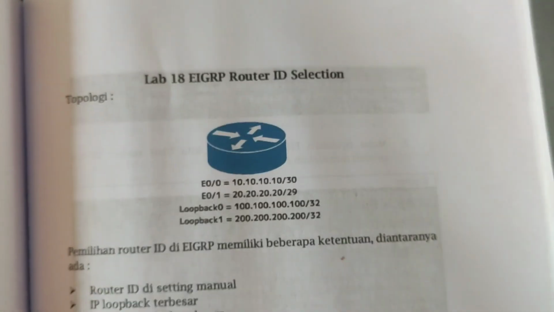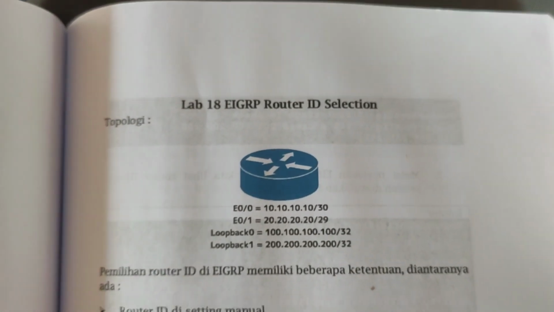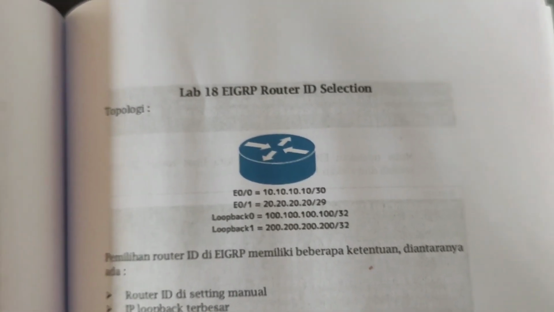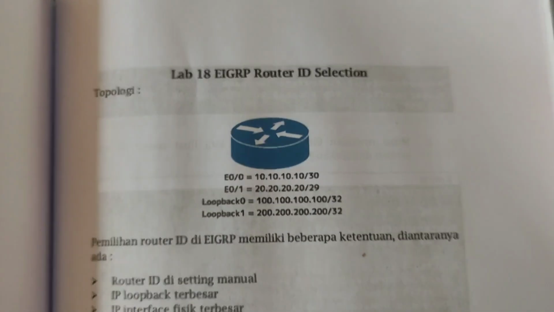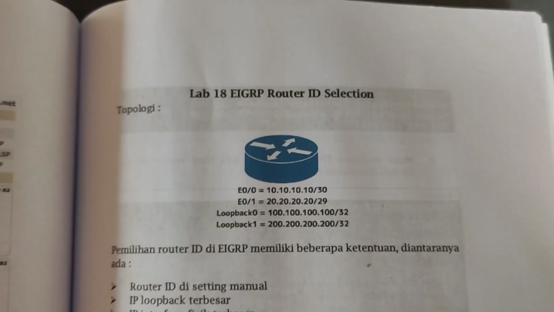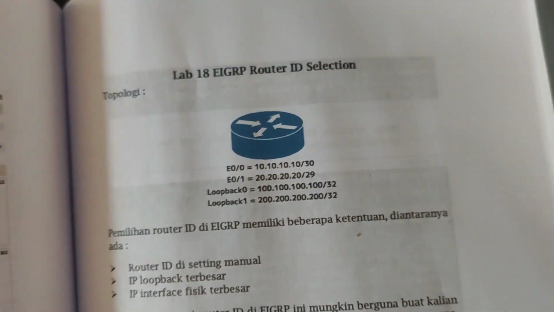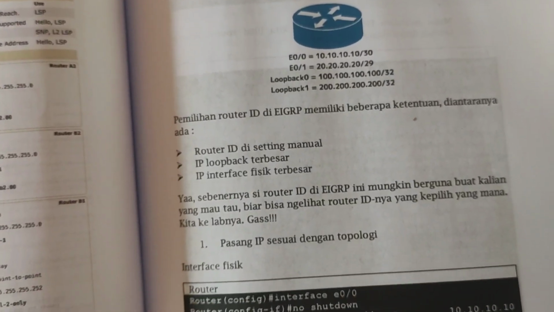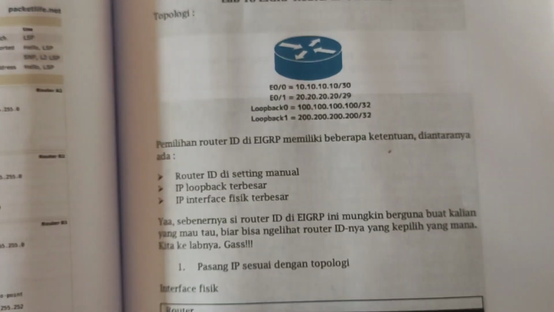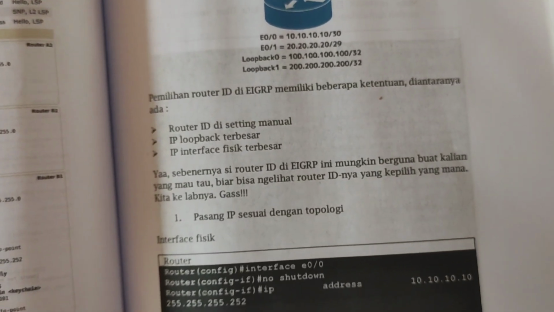So today I want to talk to you about HRP router ID selection. Okay, in this topology, different from before, there is one router. Before that, I want to explain what is the HRP router ID.